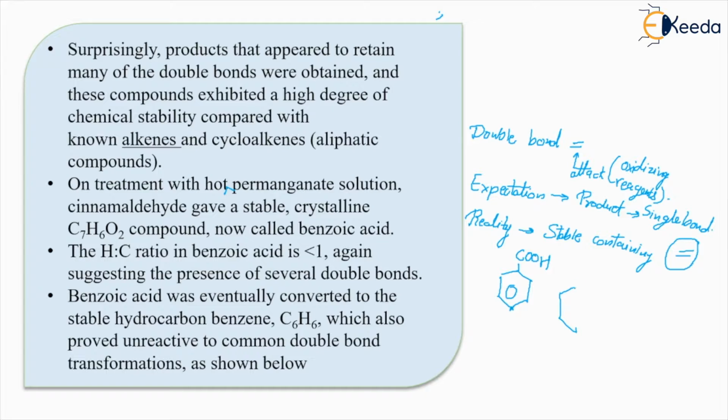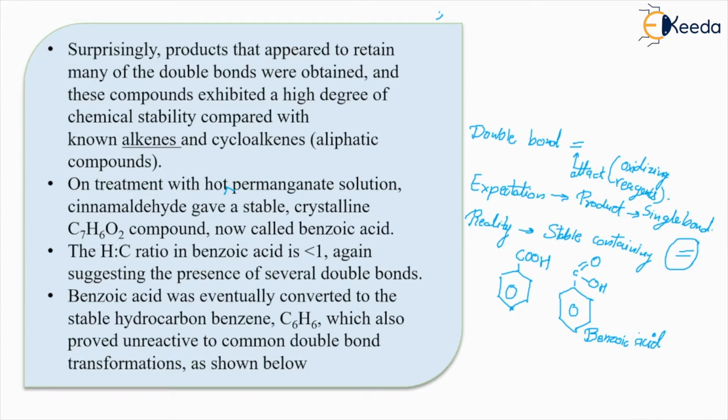Let me just draw a more clear version of it. This is a benzene ring. This is a C double bond O, OH attached to it. This particular thing is known as benzoic acid.